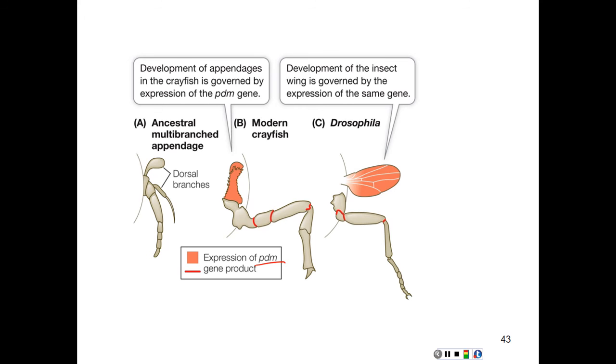Insects lack this upper appendage, and instead their PDM gene controls wing development. So it's thought the connection of this PDM gene makes it very likely that wings actually evolved from some kind of respiratory appendage in a common ancestor.